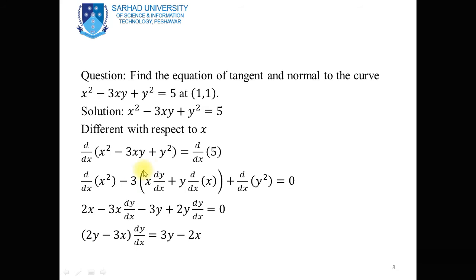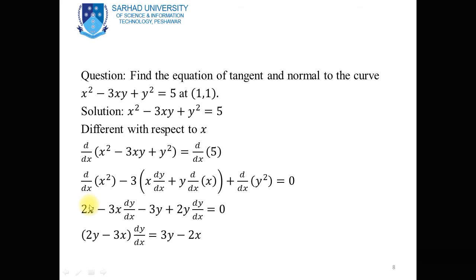So minus 3 as it is, times first function x and second function y. So first function times the derivative of the second function plus the second function as it is times the derivative of the first function, plus now the derivative of y square with respect to x.